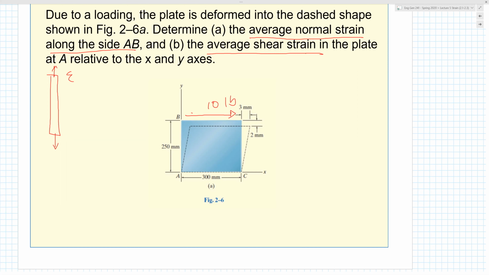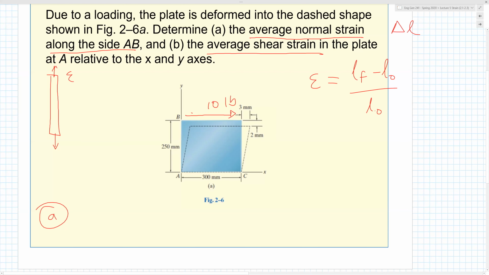So the first part, let's look at part A. What it's asking is on average, not the instantaneous. Average means delta, right? So you look at a large segment, a large line. First of all, what is strain in general? Strain is final minus initial over initial, right?